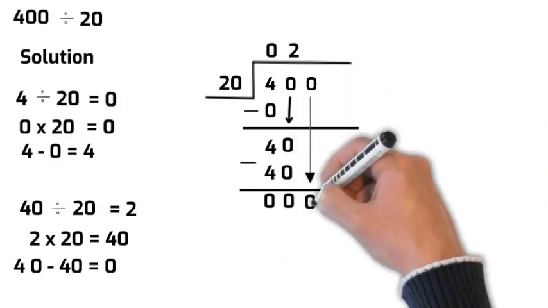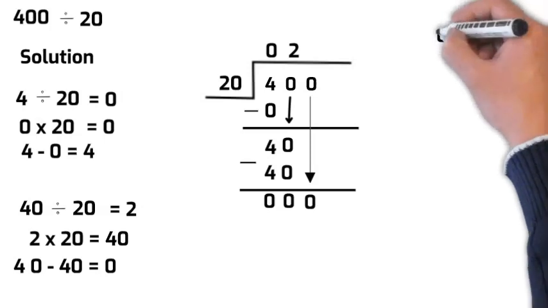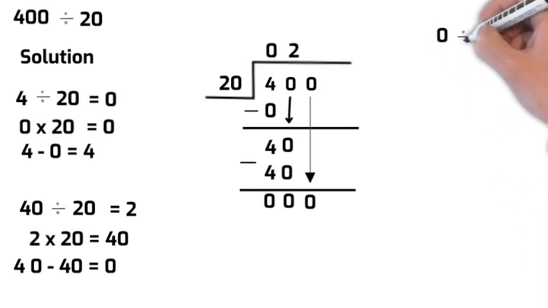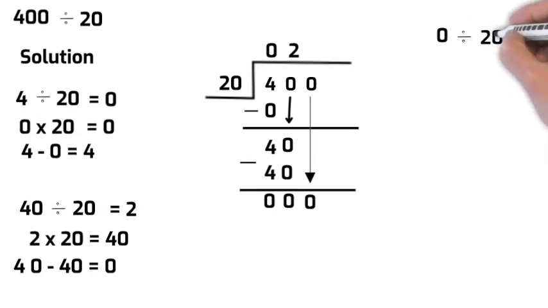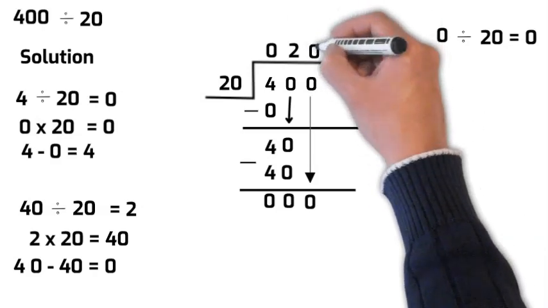We will bring down 0. So we say 0, which is our new number, divided by 20. 0 divided by 20 is 0. We go over the third number of our dividend, which is 0, and write down 0.